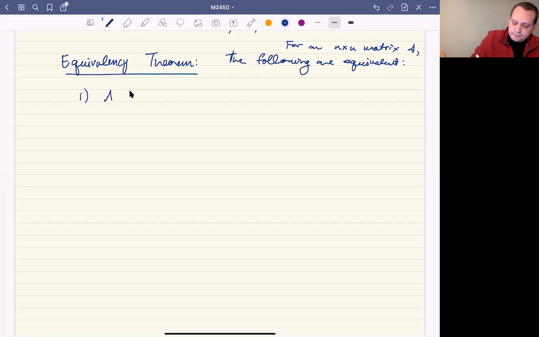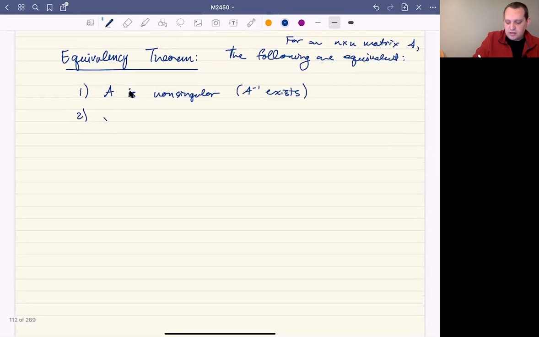One is that A has an inverse. A is non-singular. Remember, that just means that A inverse exists. That's equivalent to saying that the determinant of A is not 0.